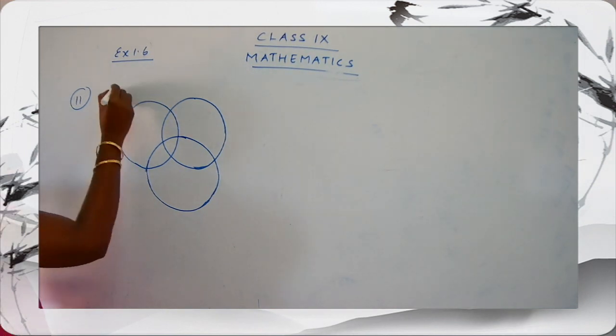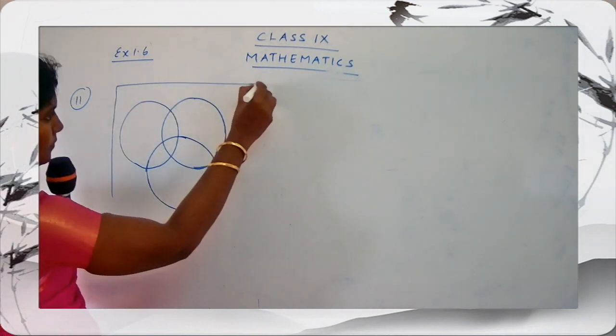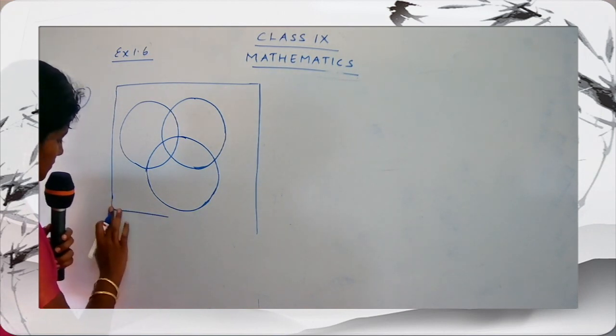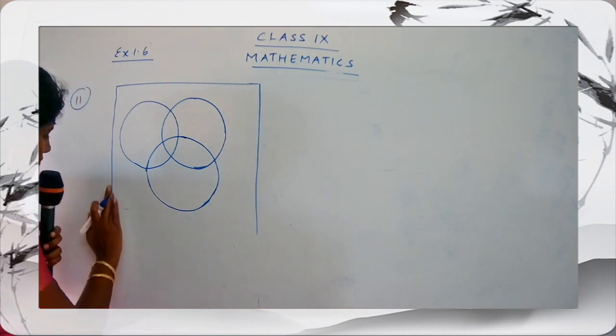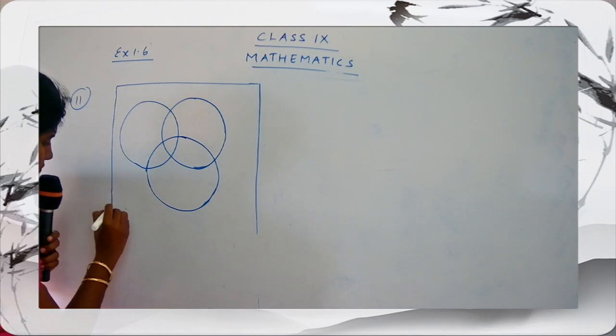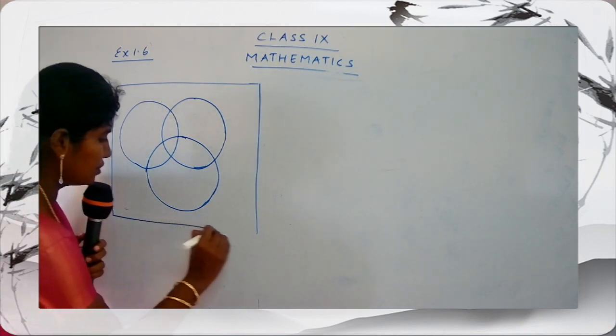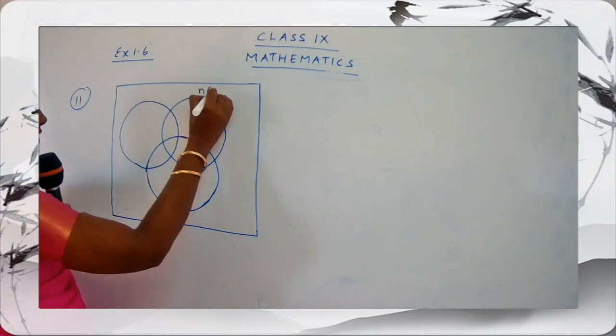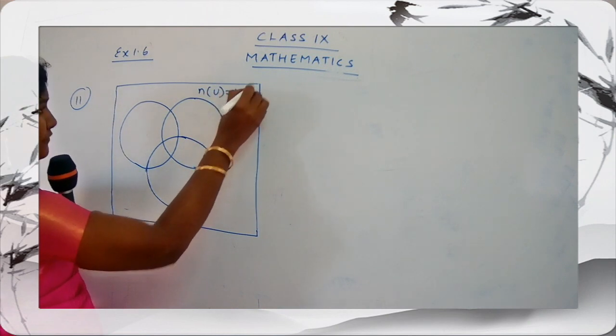So let us draw a box also. You can use your scale and pencil to draw a line so that the figure looks neat. Some information is given. Fill the information properly, children. Do not miss any information.